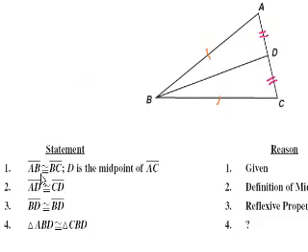So statement 1, AB is congruent to BC. They give us that. D is the midpoint of AC, that was given. Fair enough. AD is congruent to CD, that's because D is the midpoint of AC. We did that part right there. Definition of midpoint. BD is congruent to BD, of course. Anything is congruent to itself.